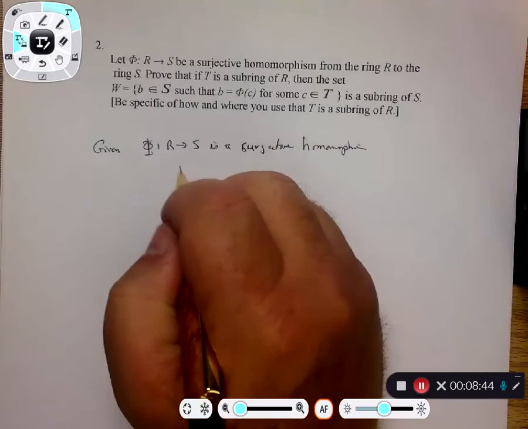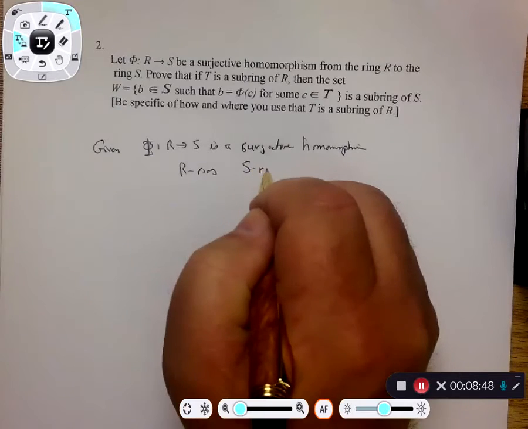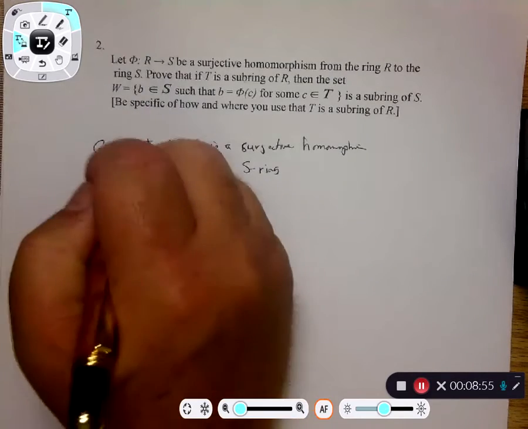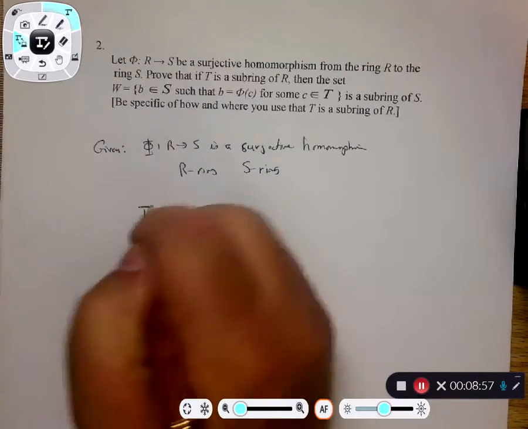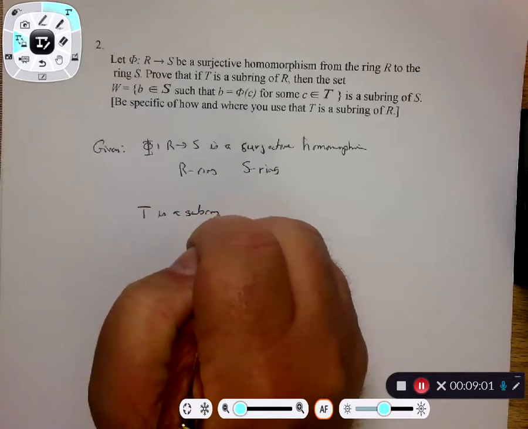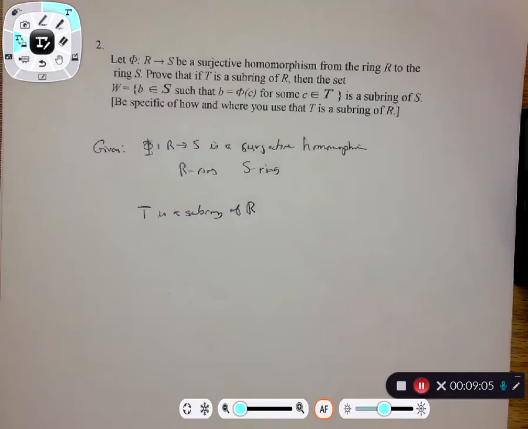R is a ring and S is a ring. We're also given that T is a subring of R. Now I've got to be very specific how I'm going to use that. T is a subring of R.